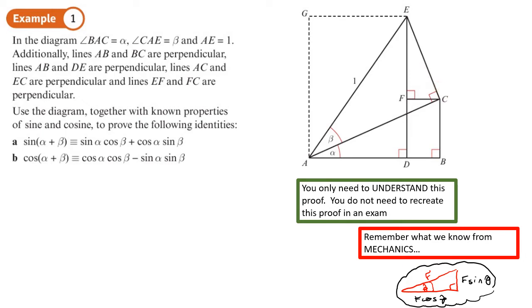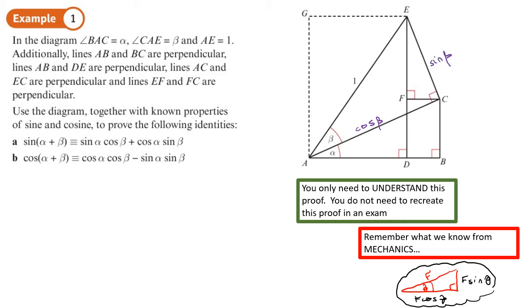So using what we know from mechanics, the length of AC, and I'll write it on the diagram, is going to be cos beta times 1, or 1 times cos beta. So the length of this side here is cos beta, and the length of CE or EC is going to be 1 times sine beta. So this side is going to be sine beta.